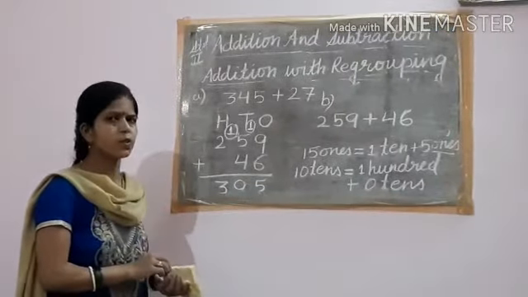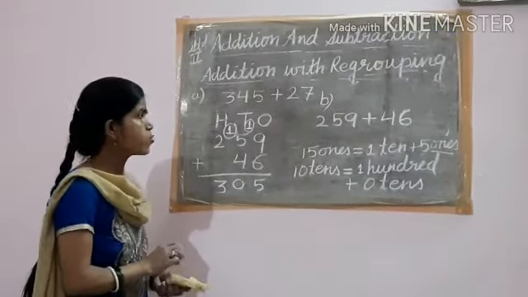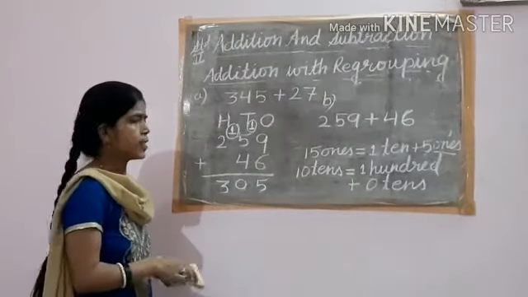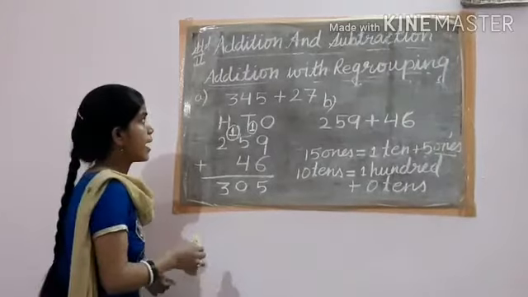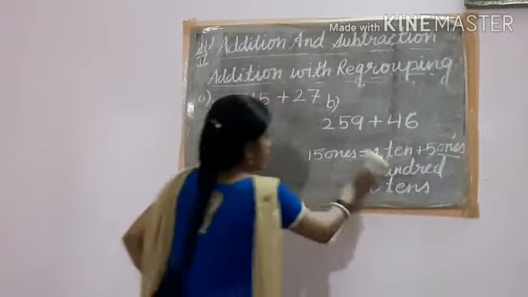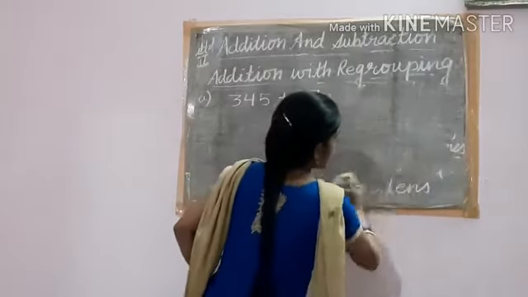Now I am giving you 3 questions related to regrouping, because many children make mistakes in addition with regrouping. So it is better you practice. Now you write in your copy.